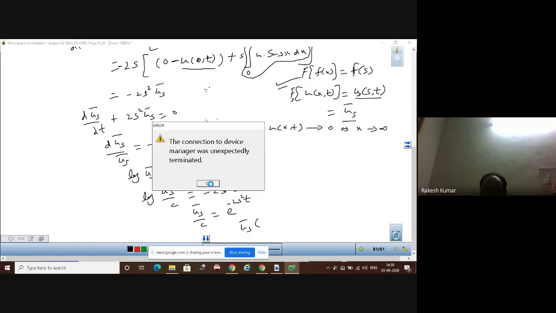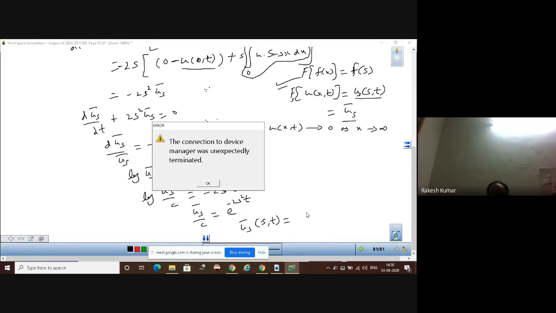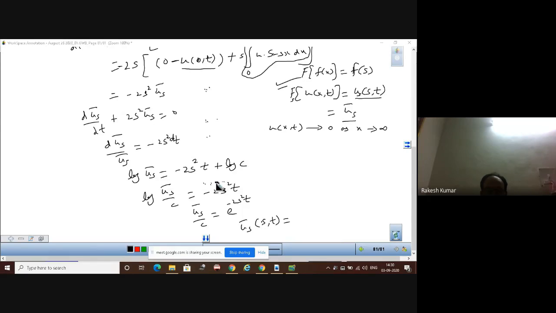So it can be written in that way, that u s bar is a function of parameters s and t, and that will be equal to c times e raised to the minus 2s square t.